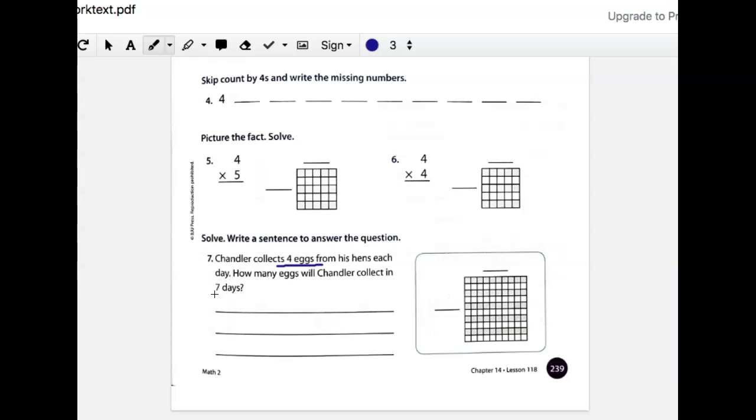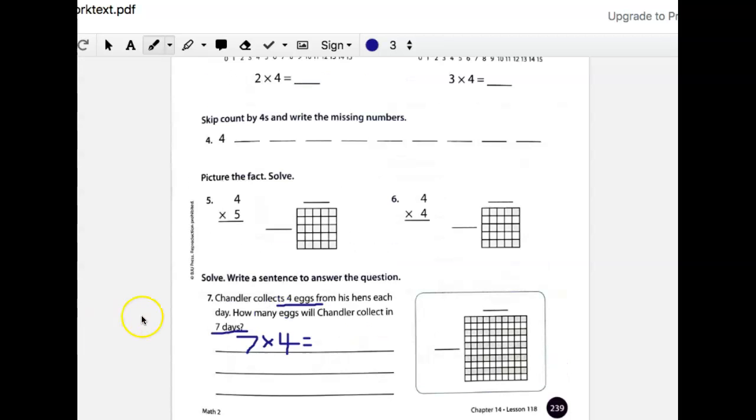And we're also asking, how many eggs are collected in 7 days? So 4 eggs from each of the 7 days, meaning 7 sets of 4. We can also read this as 7 rows of 4. You can complete this array and write down the sentence to answer the question.